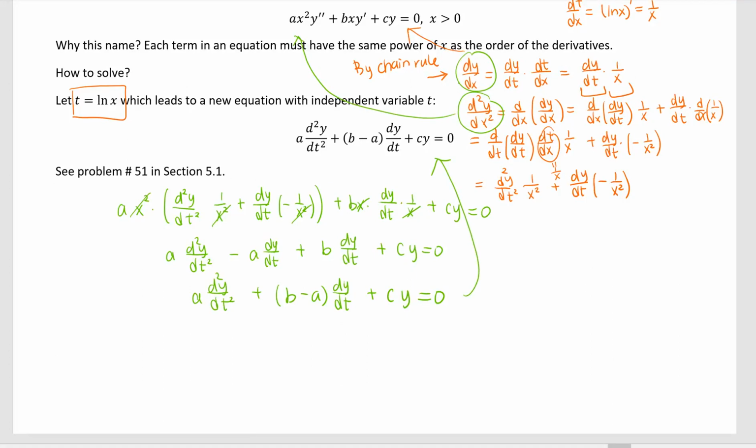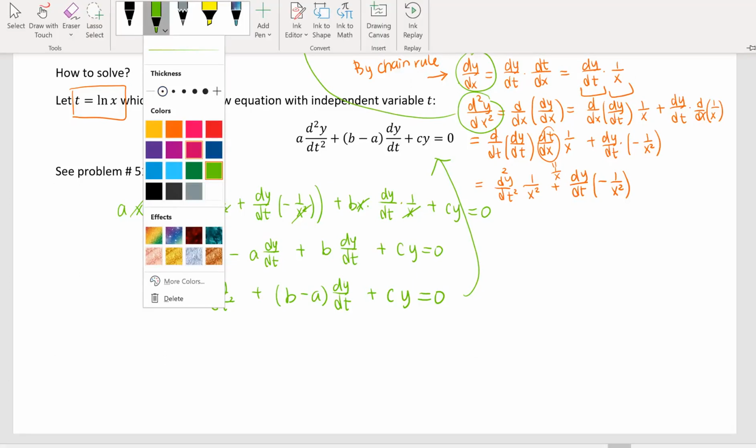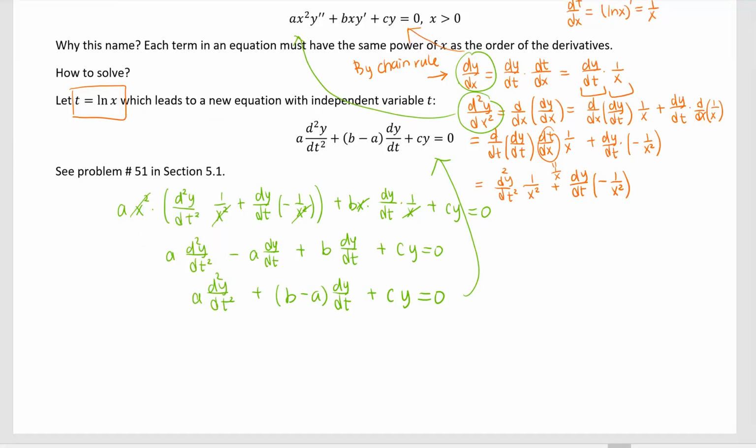This is an ODE in t instead of x. So we have successfully changed the variable to t. And what is special now, you can see all the coefficients are constants.